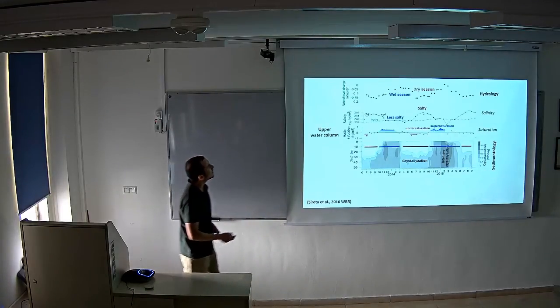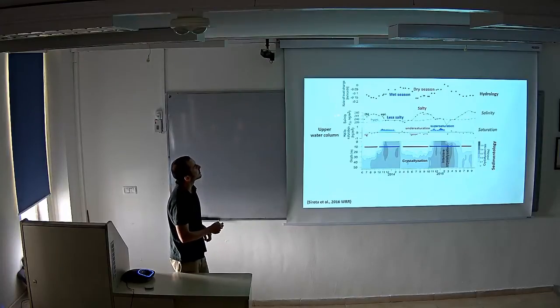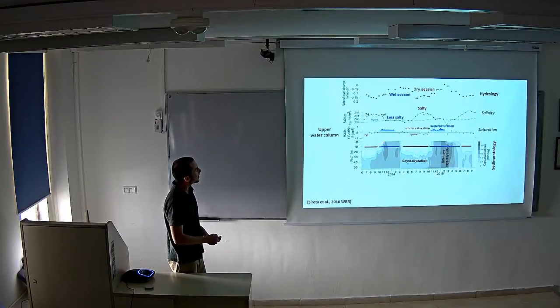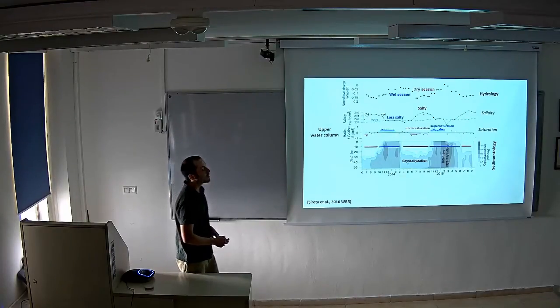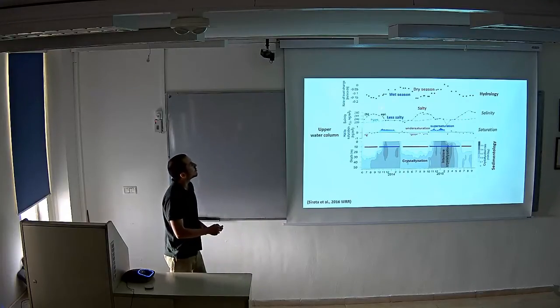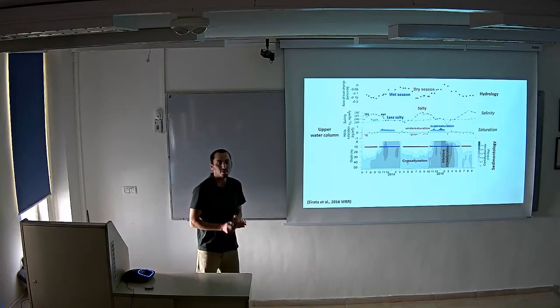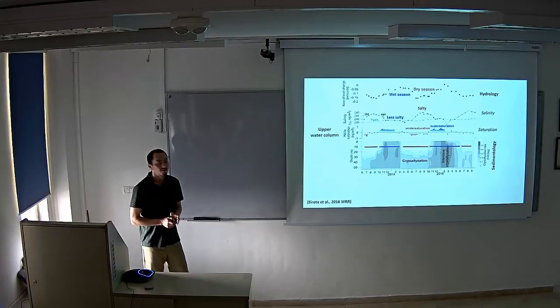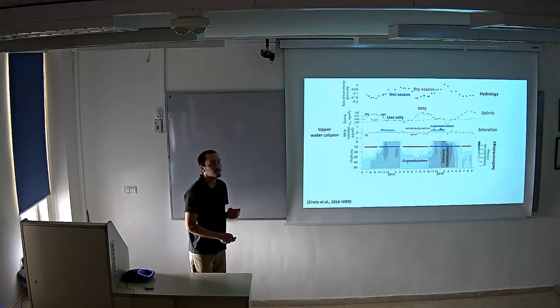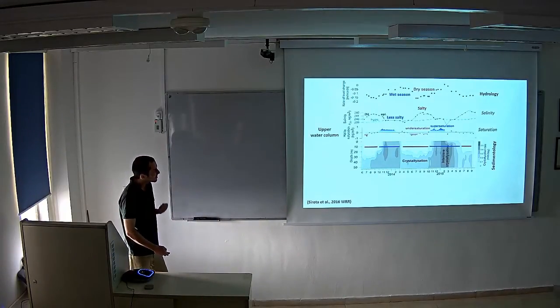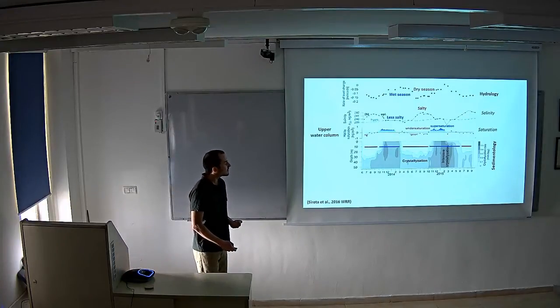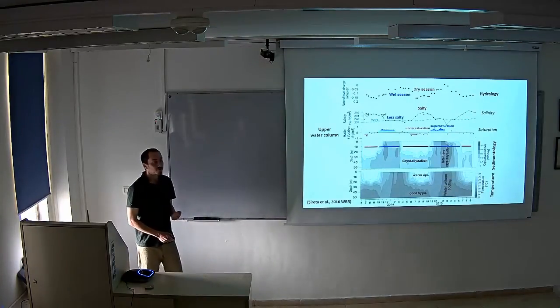And as a reminder, this is the hydrological forcing. And you can clearly see that main halide crystallization occurs during the winter, which is considered to be the wet season. So the hydrological cycle is not dictating these variations in halide crystallization in the Dead Sea. So how can we explain it? By temperature variations.